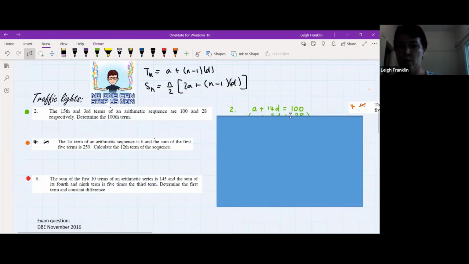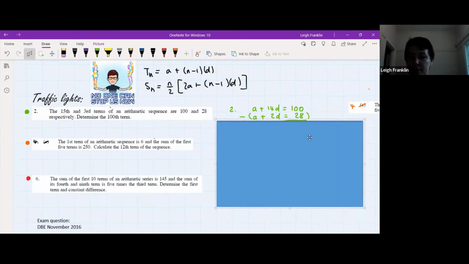So term 3 will be written as A plus 2D is 28. Okay, so the 15th term is, that's it, Sipasihle. Well done, very nice, good, good.